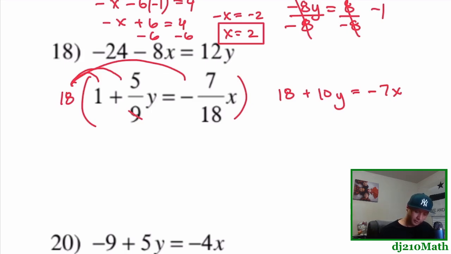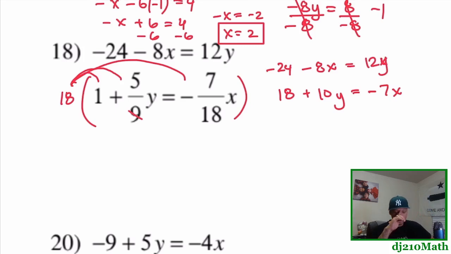All right. So now, I'm going to rewrite the top. So this is negative 24 minus 8x equals 12y. All right. So notice variables aren't lining up.